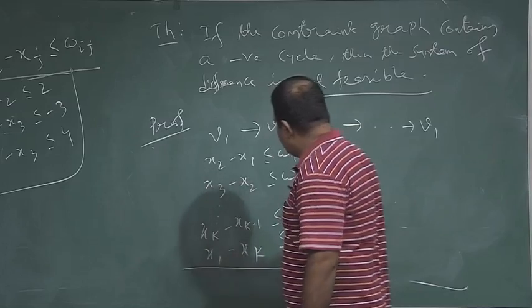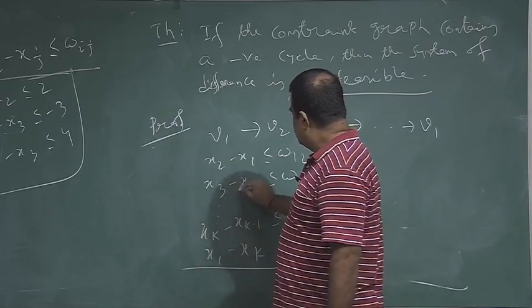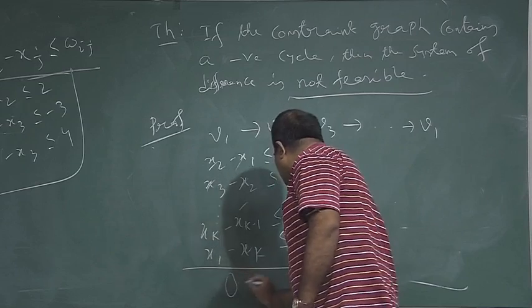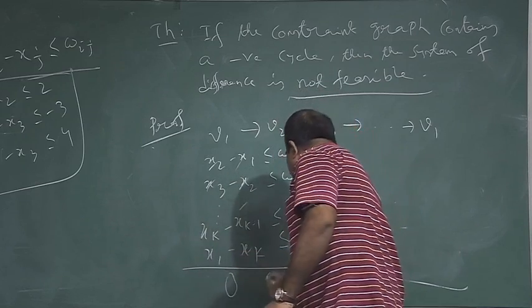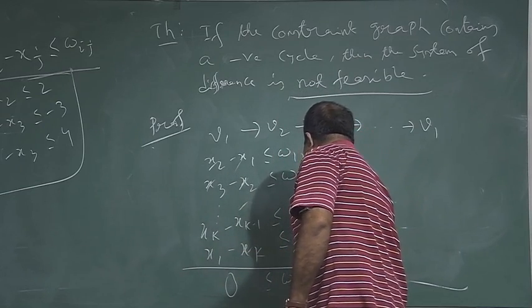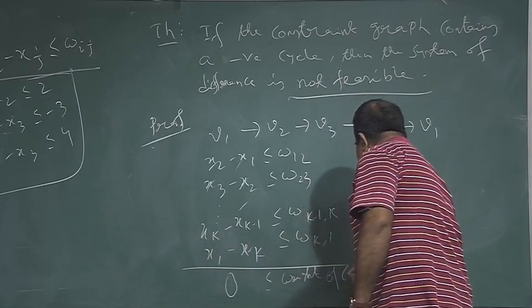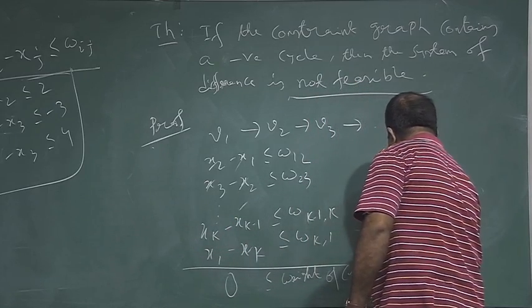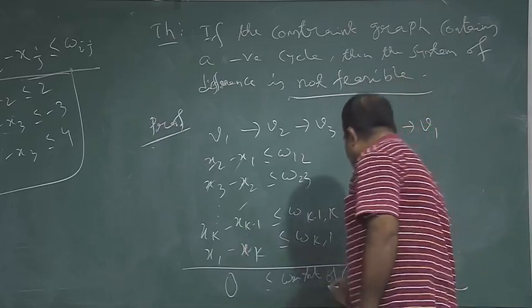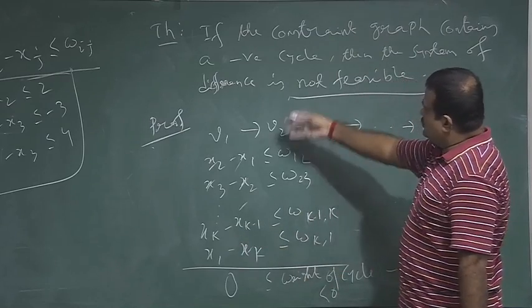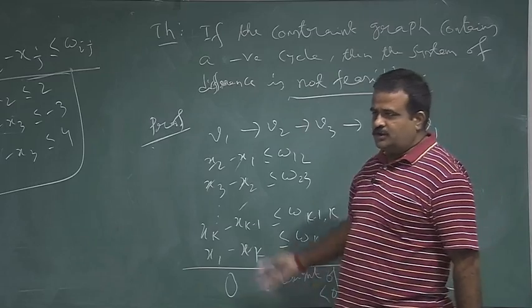Now, if we add these inequalities, all the x terms will cancel out. On the left we have 0, and on the right we have the weight of the cycle, which is negative. So, that is the contradiction, 0 less than a negative number. That means this system cannot have a solution.